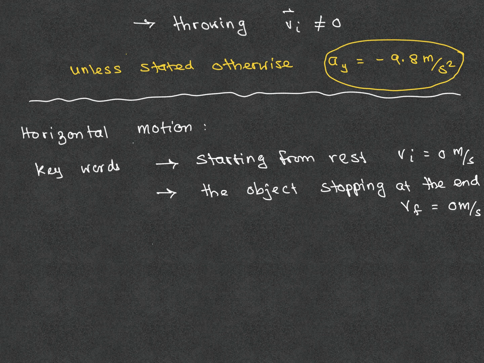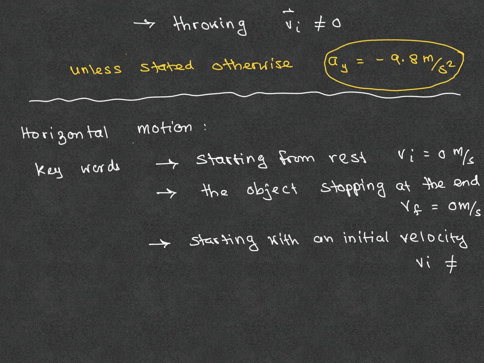And also, if you have starting with a certain initial velocity, that definitely we know that initial velocity is not equal to 0 because it is given.